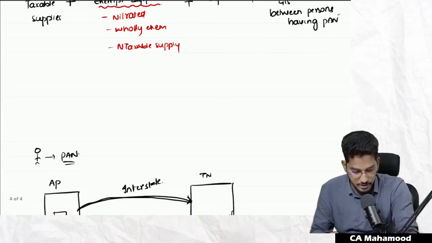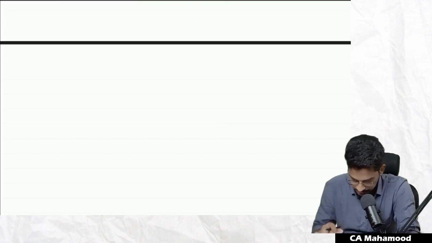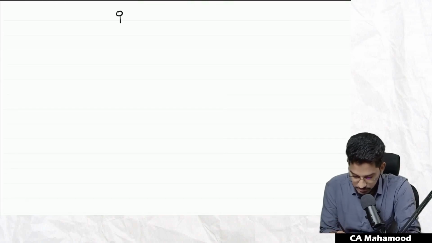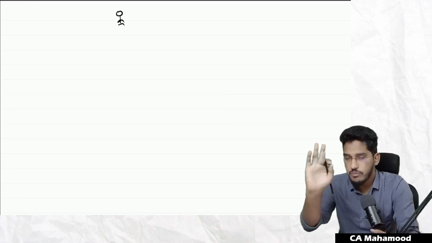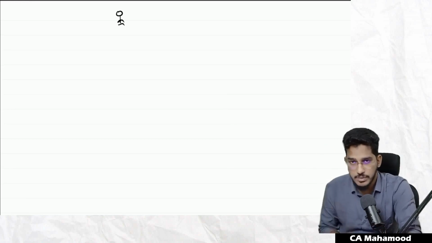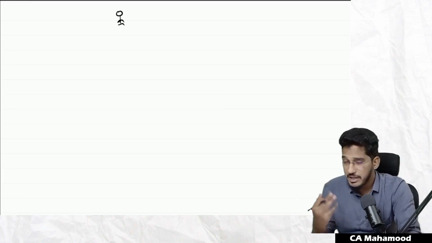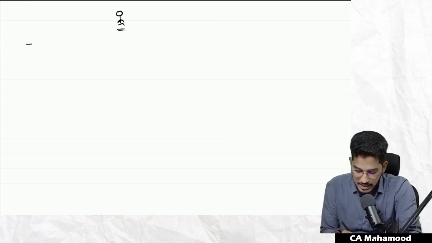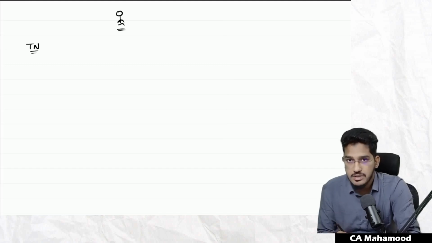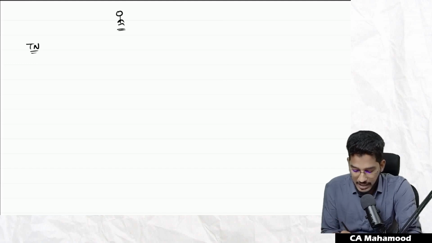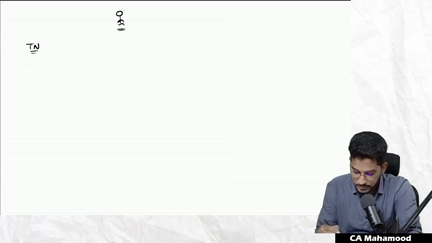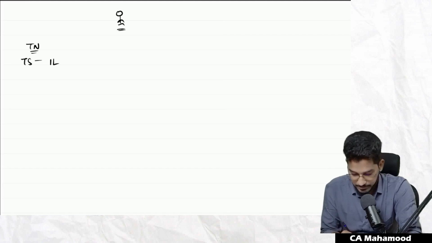Now let us try to understand it with the help of an example. Assume that I am a person, not yet registered. I want to know whether I am required to get registration or not. I have a place of business in Tamil Nadu, where I made a turnover: taxable supplies of 1 lakh rupees, and exempt supplies of 1 lakh.